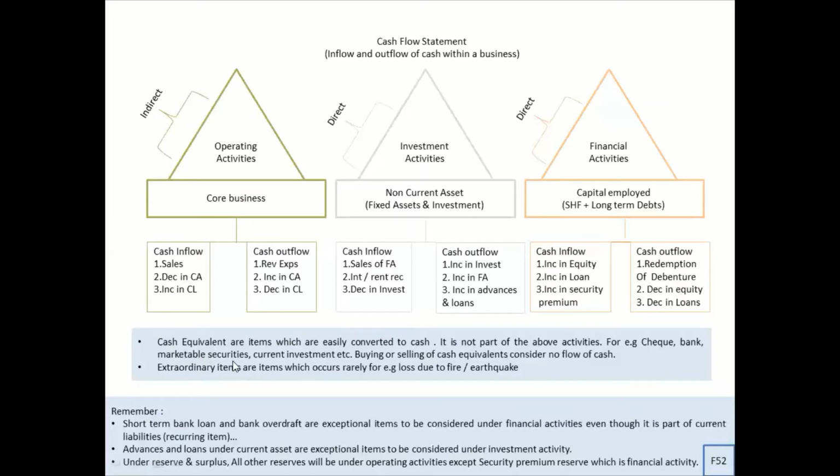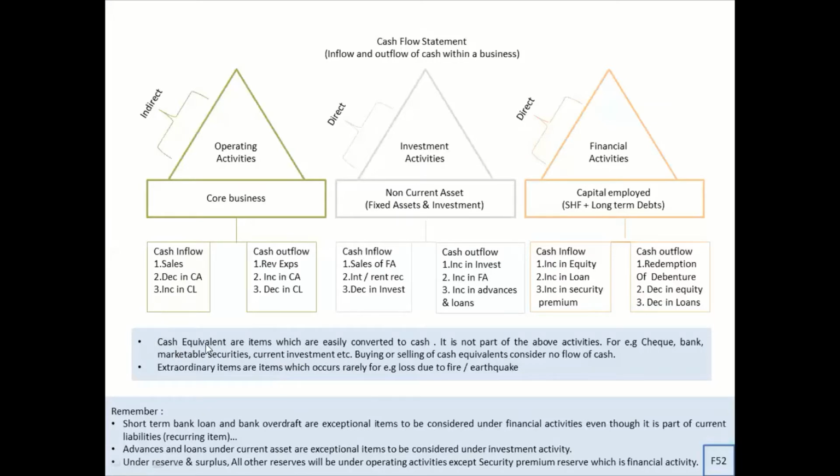These are the securities which can be converted into cash within 3 months. That is why it falls under the category cash equivalent. Current investment is something like in the morning you do an investment and you have the right to withdraw the money in the evening. The complete money, okay? If you invested 1 lakh, you can withdraw 1 lakh completely. That is why it is called cash equivalent.